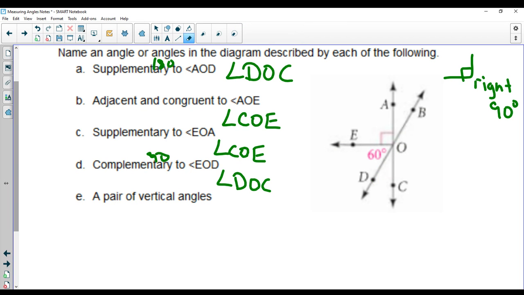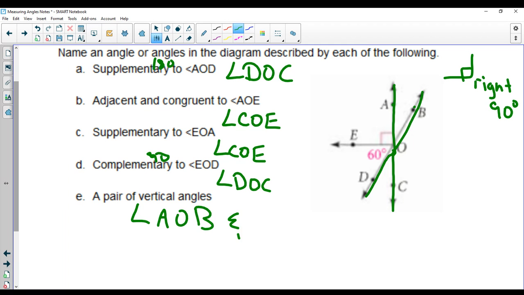Last one. A pair of vertical angles. So I need to look for angles that make me an X. Well, if I look at this picture, I see that this and this make me an X. So I would say angle AOB and angle DOC, or COD if you wanted to.